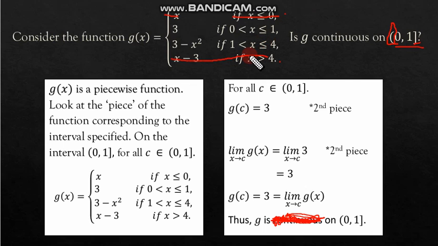How about the third piece? Our interval starts at x greater than 0 and ends at exactly x equal to 1, in which, according to the third piece, 1 is less than x.